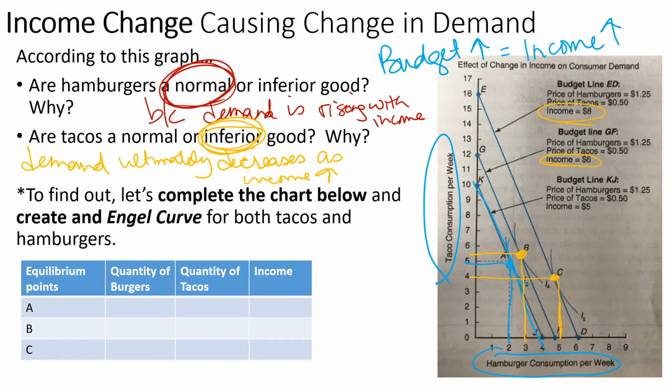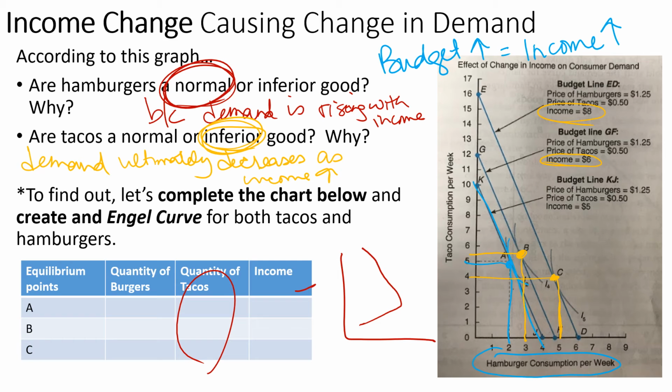But they would graph the quantity with the income, and if you see the quantity increasing as the income increases, that's going to be a normal good. But if you see the quantity, like for example the tacos, the quantity was going to increase for a little bit, then it was going to decrease. So that's what that graph would look like, quantity and income.